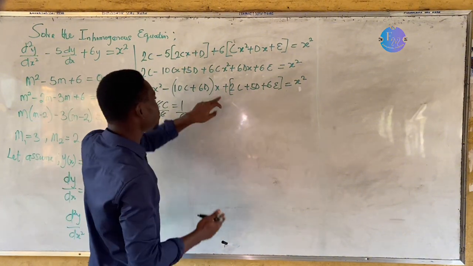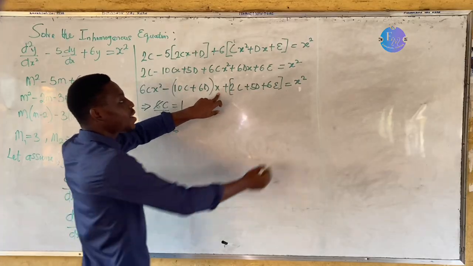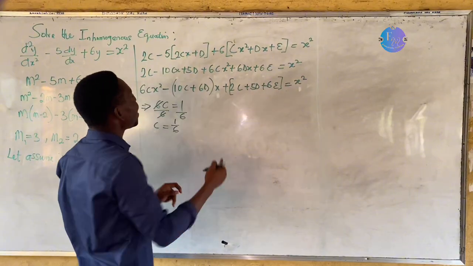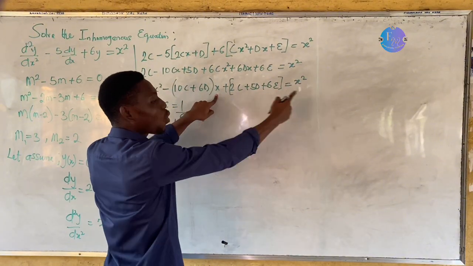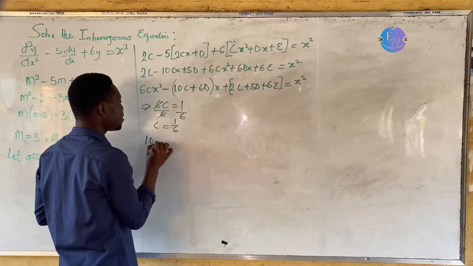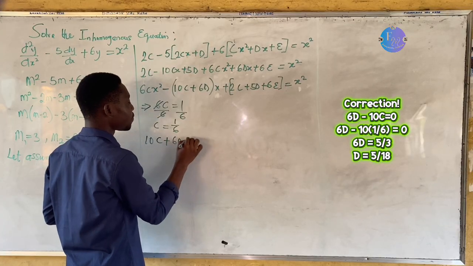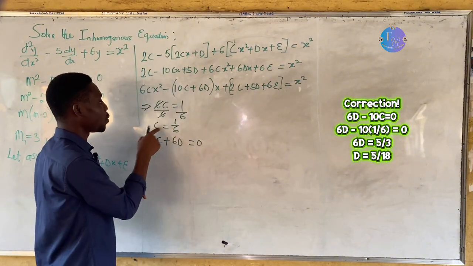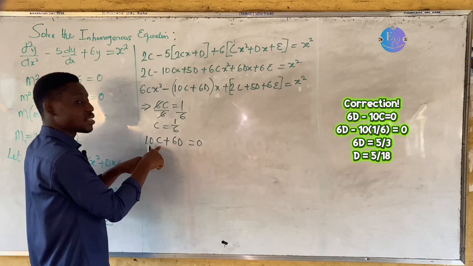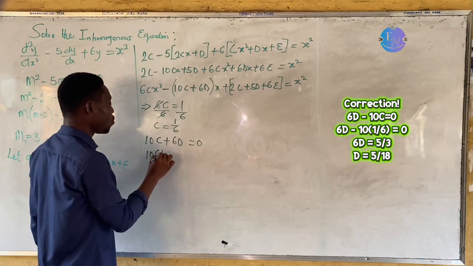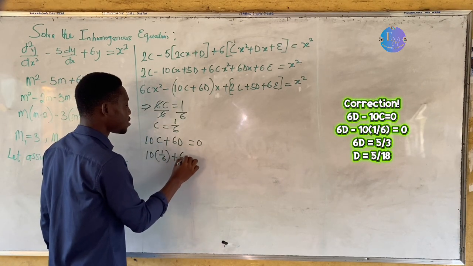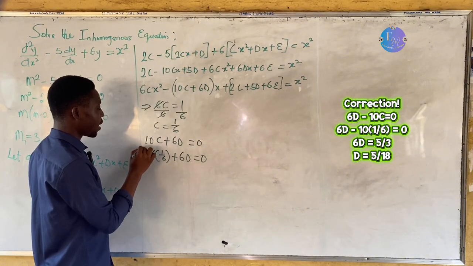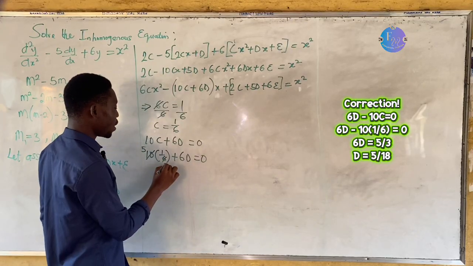Let's go to the next term, which is the coefficient of x. If you check the right hand side, we don't have any variable x. It implies that the coefficient of x over here is equal to 0. So we have minus 10c plus 6d equal to 0. But don't forget, we have the value of c already to be 1 over 6. So we are going to input it here by saying 10 into 1 over 6 plus 6d equal to 0. 2 in 10, we have 5. 2 in 6, we have 3.